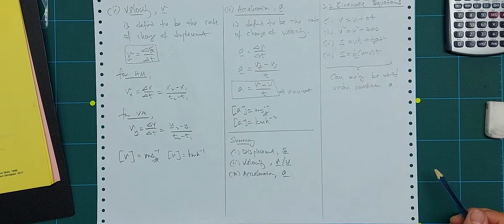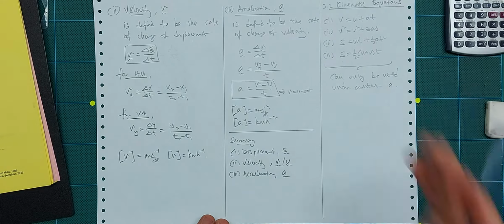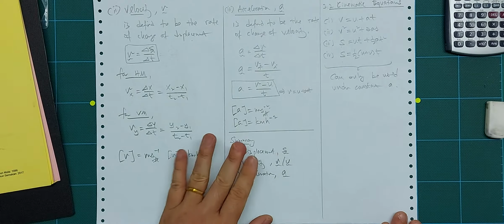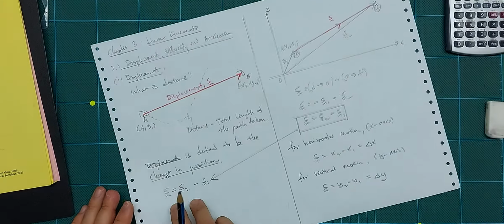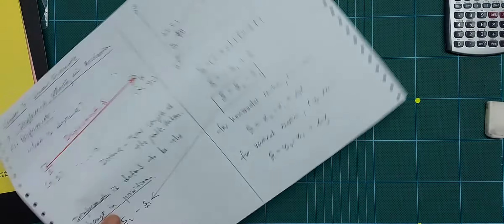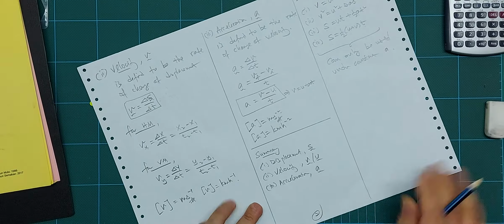All right. We are going to look at some example problems on how to use this, under solving problems in 1 dimension. So this is page number 1, this is number 2.